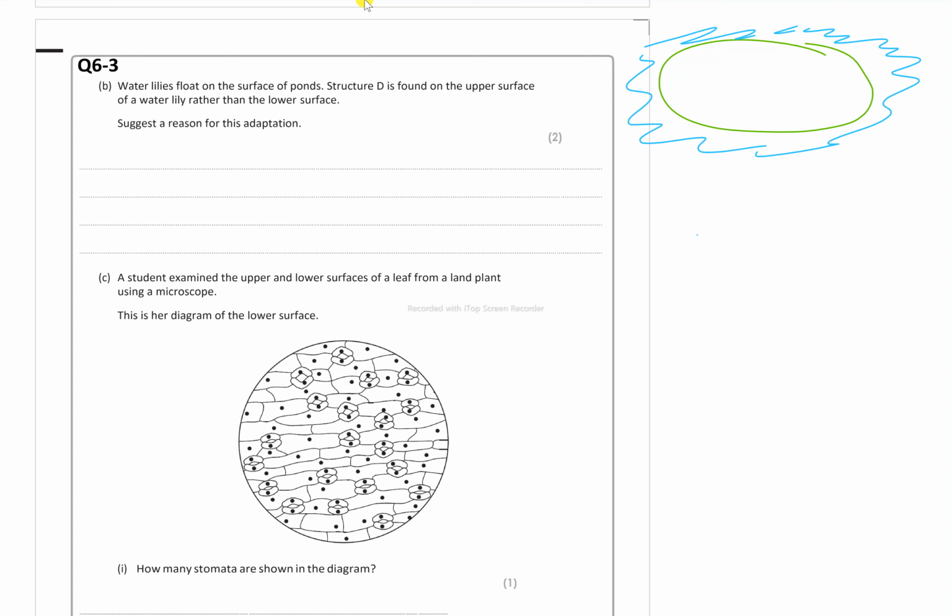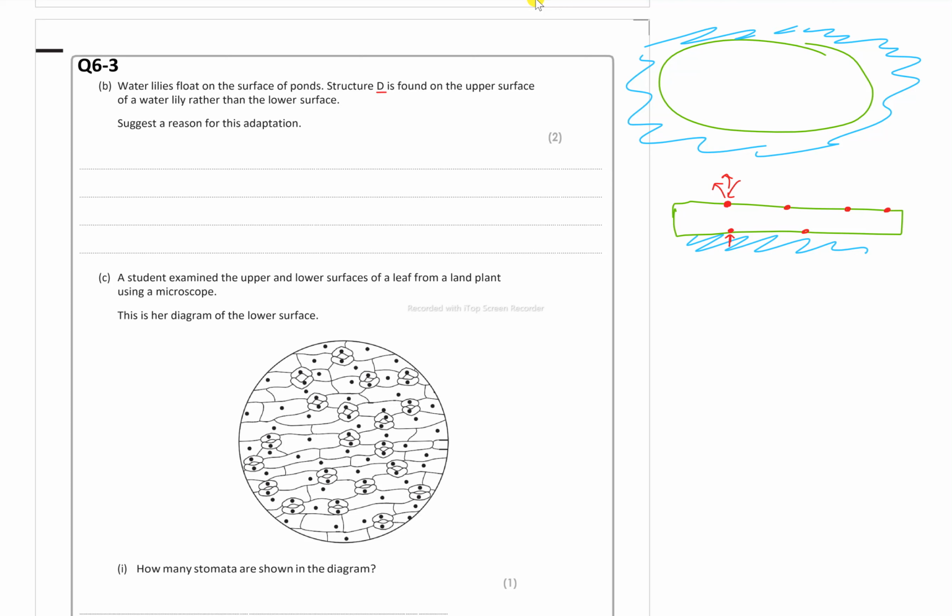Now if you had the guard cells here, the stomata would open and you wouldn't get much air in, carbon dioxide or oxygen out. It'd be difficult. So what you notice with water lilies, the stomata are at the top, so gases, CO2 and oxygen and water vapor can get out.